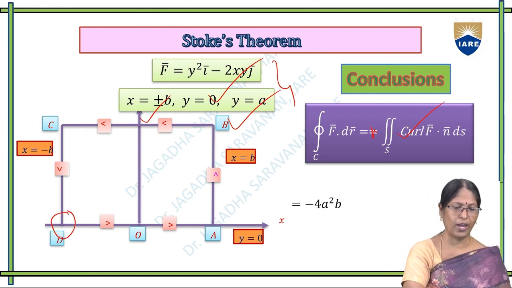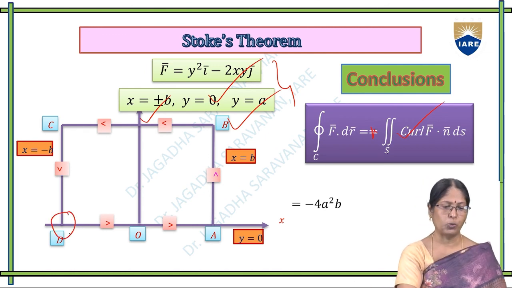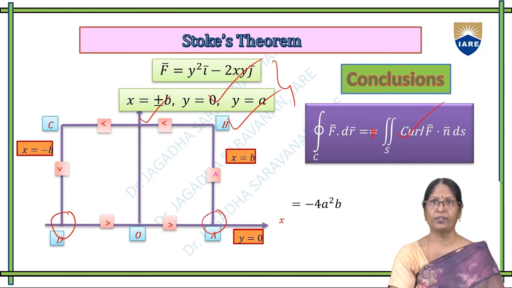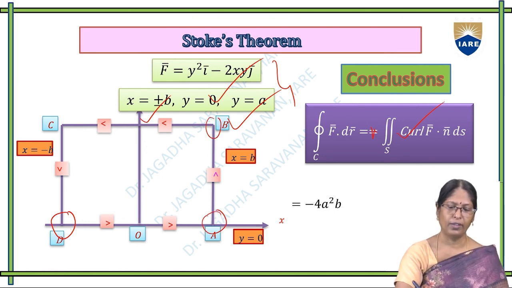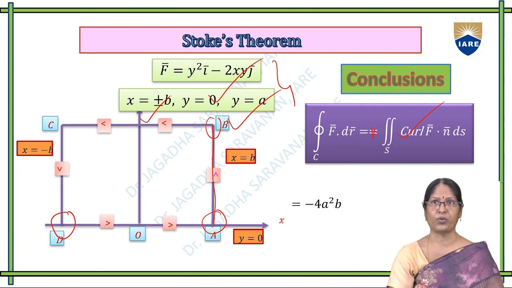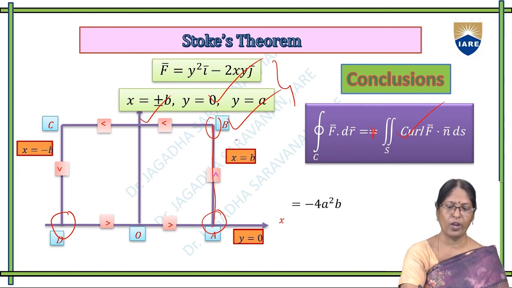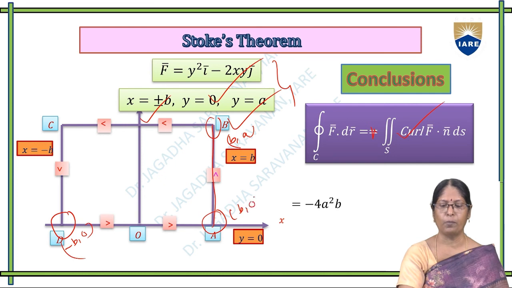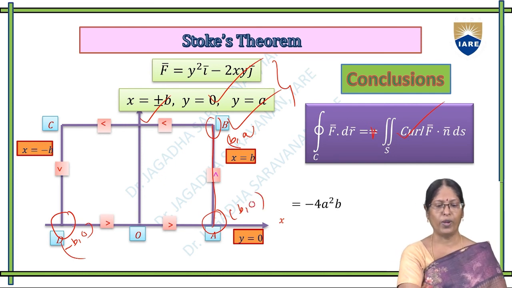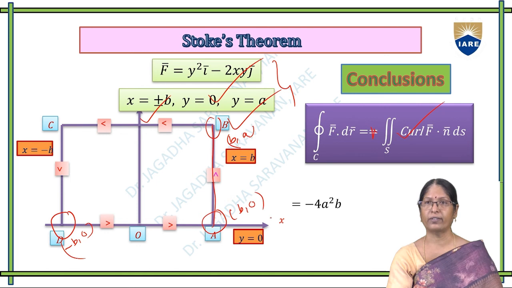Here minus b is a point, and here plus b is a point, and here it moves in the y direction, so the point is b comma a. Here the point is minus b comma 0, and here the point is b comma 0. When it moves along the x-axis, y is automatically 0. That's what is written.